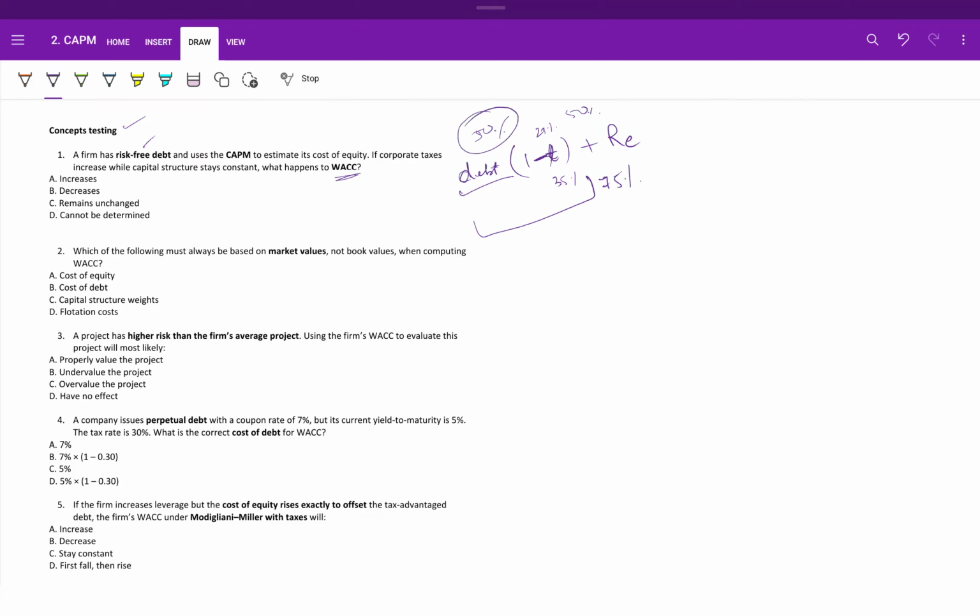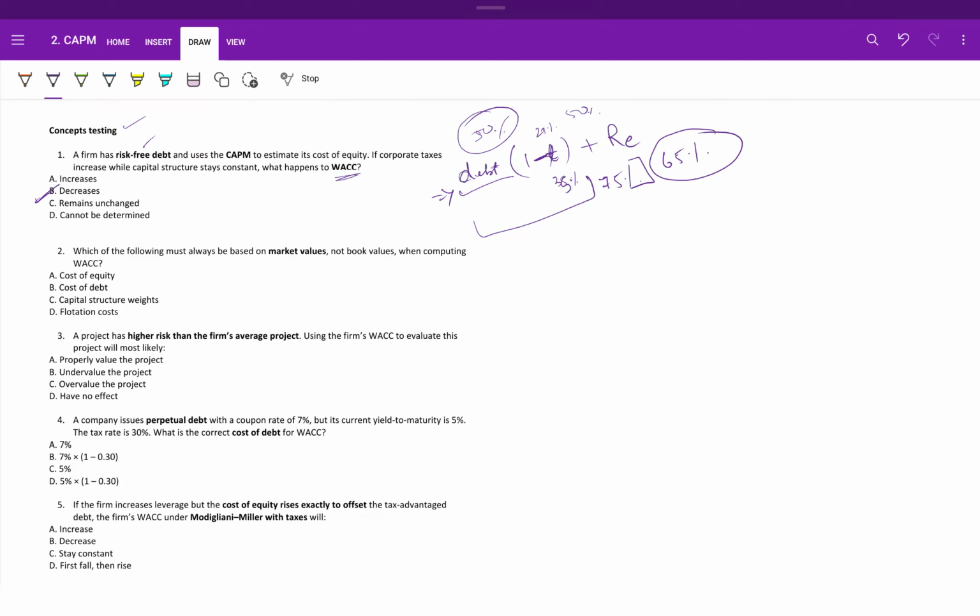And now they are using only 65%, because of the 10% increase in the tax rate. This means the weighted average cost of capital is going to decrease. I hope this was clear. It's a little confusing, but this is how you do these kinds of things in practice.